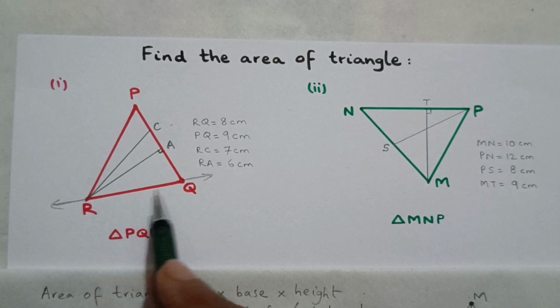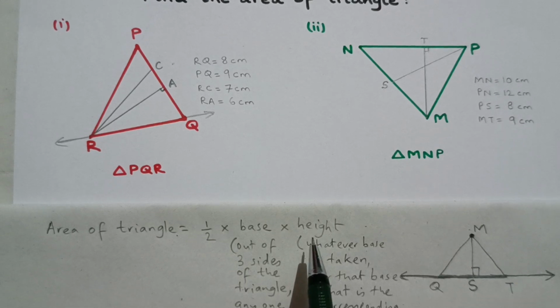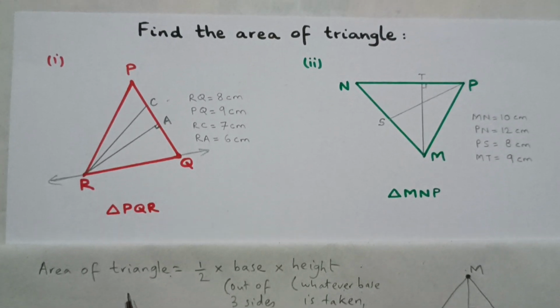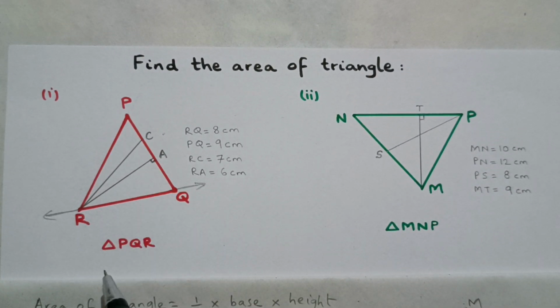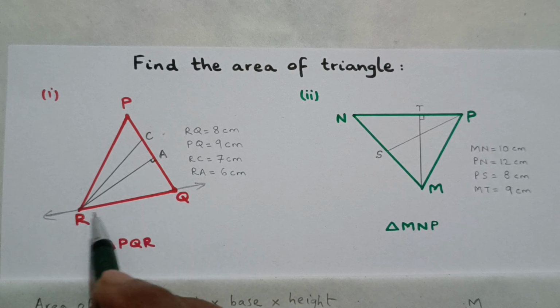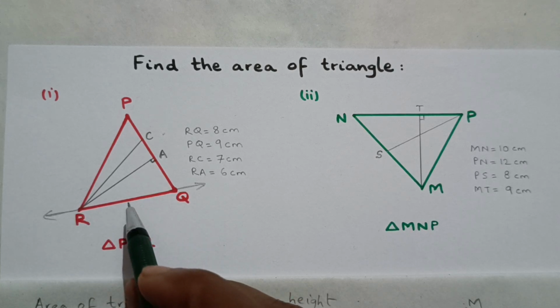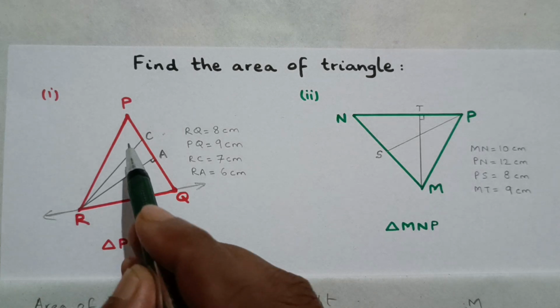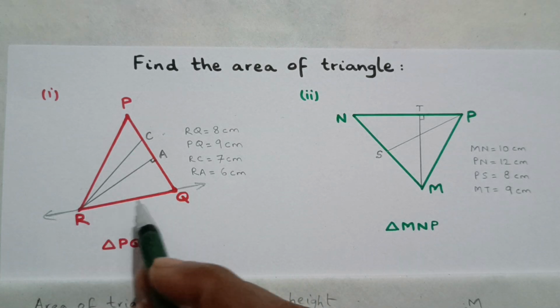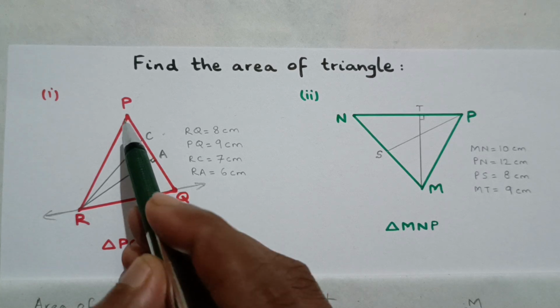Now for RQ, we have to find the corresponding height of this triangle. So how to find the corresponding height for base RQ? First we have to look at its opposite vertex. So for RQ, the opposite vertex is P.